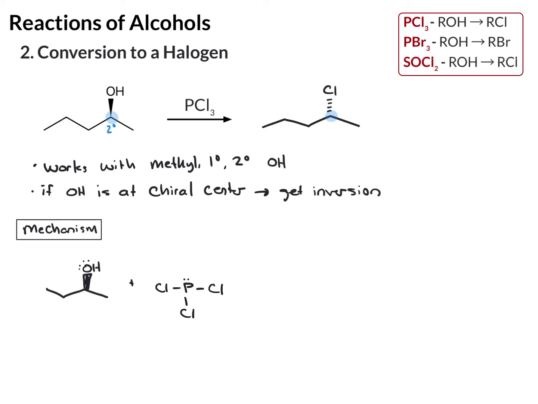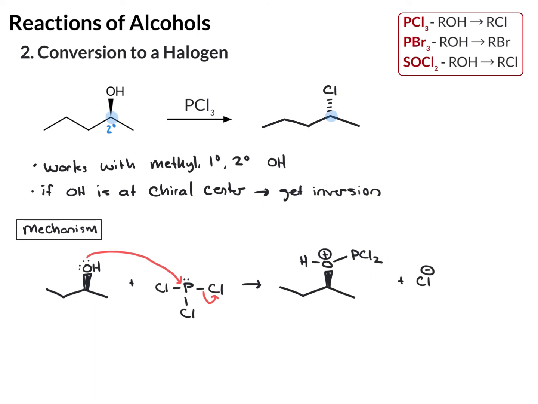So what happens in the first step is the oxygen lone pair acts as a nucleophile, attacks the phosphorus, and we lose Cl as a leaving group. So now we end up with this oxygen that still has the proton attached, but it also has PCl2 attached. So what we've effectively done is turn that oxygen into a good leaving group.